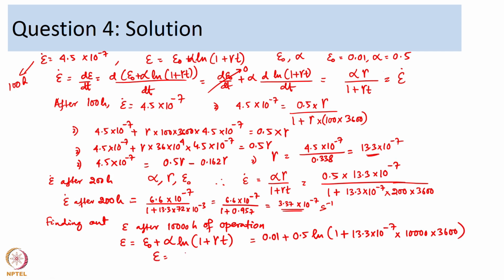Therefore, epsilon is going to be 0.01 plus 0.5 times ln of 1 plus 13.3 into 10 to the minus 7 into 36 into 10 to the power 6.